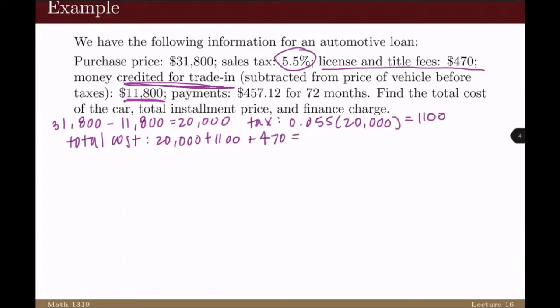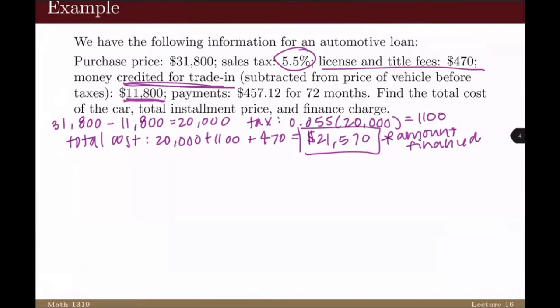This is going to be equal to 21,570. This is also going to be the amount we're going to need to finance, since we subtracted out our down payment.